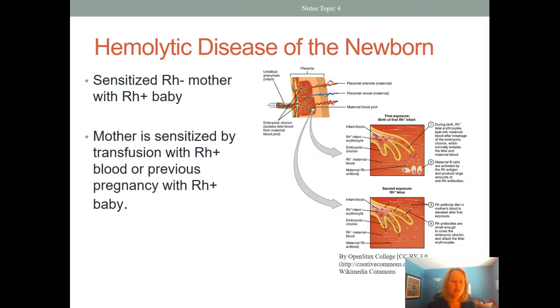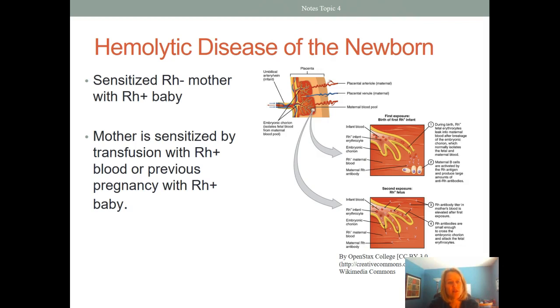So unlike the ABO system in which you are naturally exposed to substances that are like the A or B antigen if you don't have them, the Rh antigen, you can only be exposed to it with a transfusion with Rh positive blood or with a previous pregnancy with an Rh positive baby.